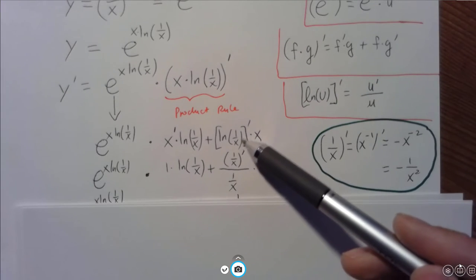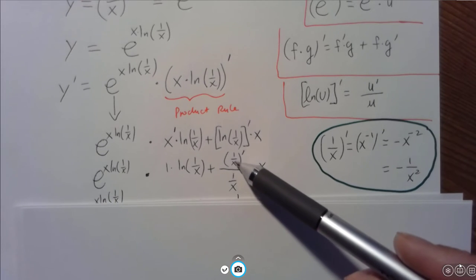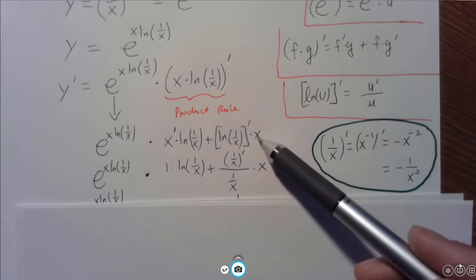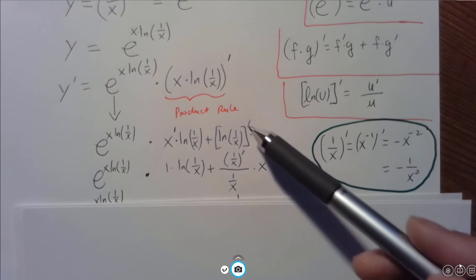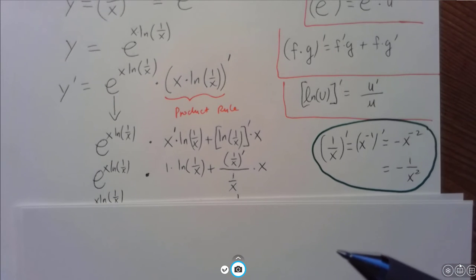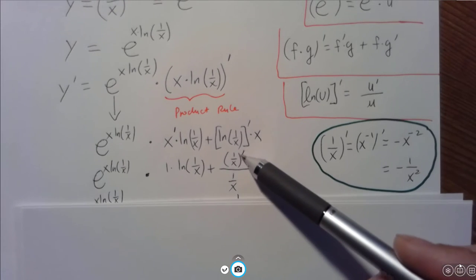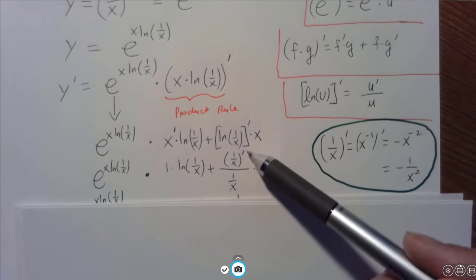So the u here is 1 over x, and then u prime, which is 1 over x take the prime. And then we multiply with the x that we carried out from the product rule here. And then there's one more derivative here, 1 over x prime.